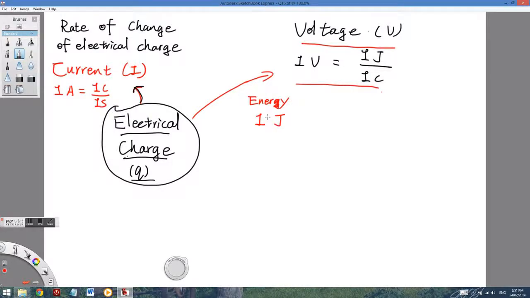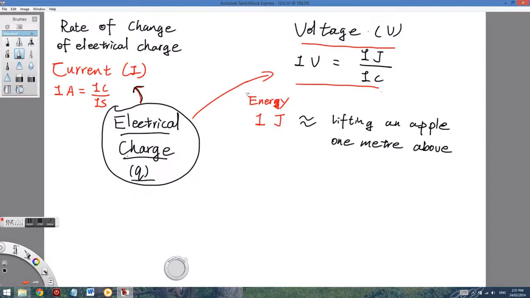We will do that when we're doing Newton's laws and motions. But for now, just remember 1 joule of energy is equivalent to the energy of lifting an apple 1 meter above.